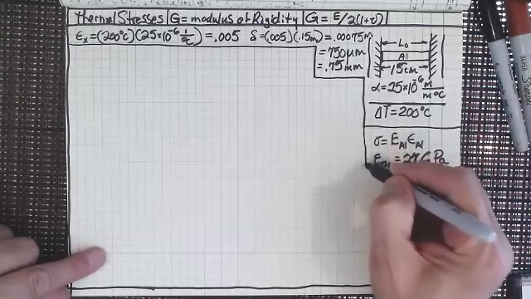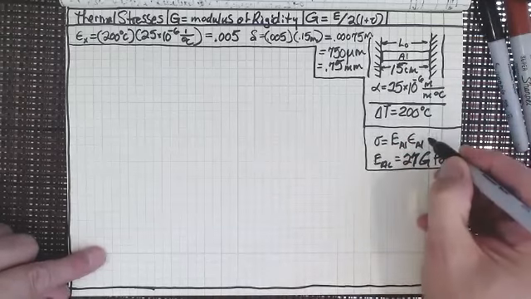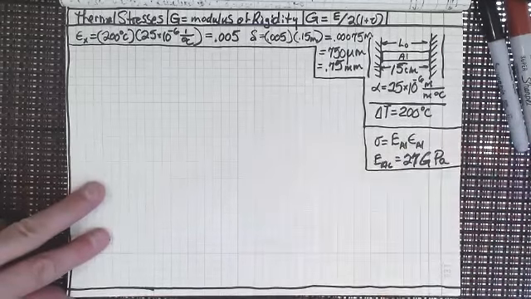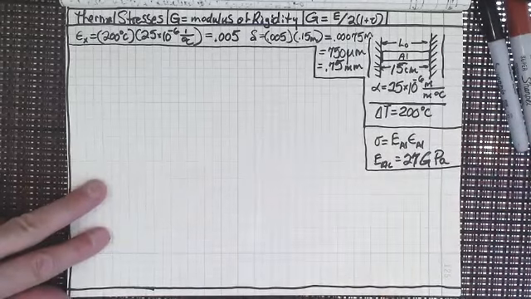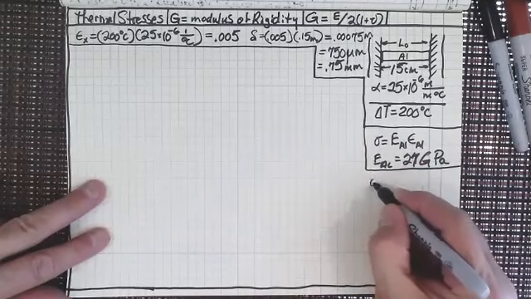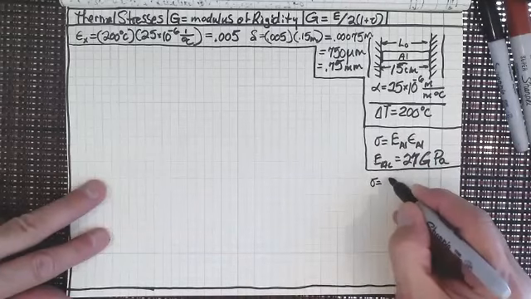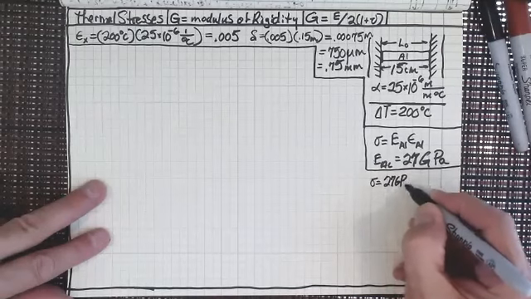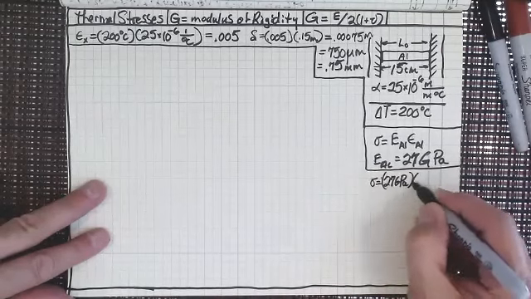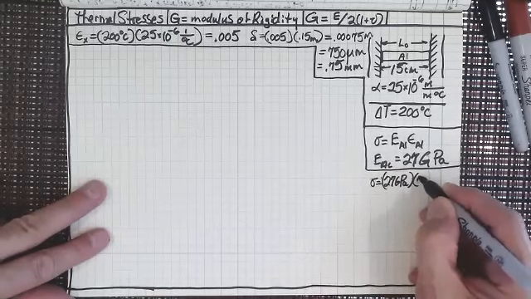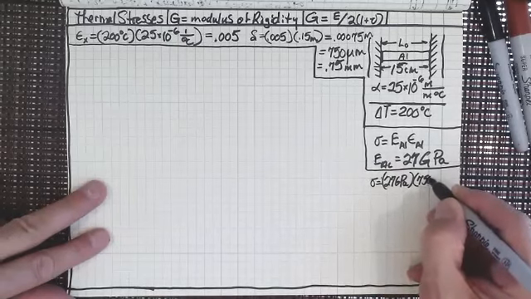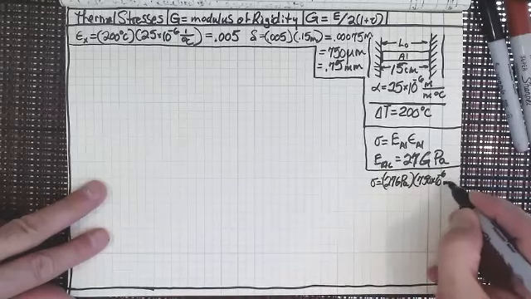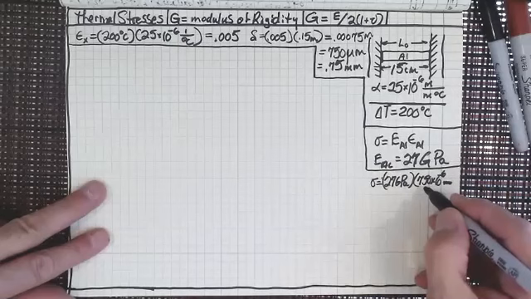So let's use Hooke's law, right? This is Hooke's law. Let's use Hooke's law to find out what the stress is in that thing. So stress is going to be 27 gigapascals times 750 times 10 to the minus 6 meters. No, not meters. Oh, wait. Oh, I'm sorry.